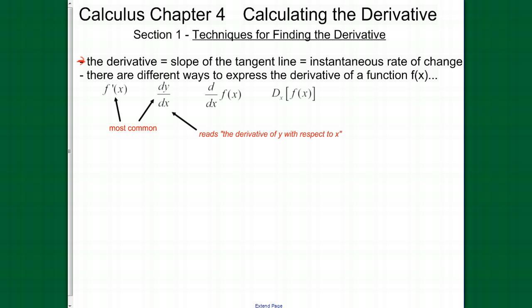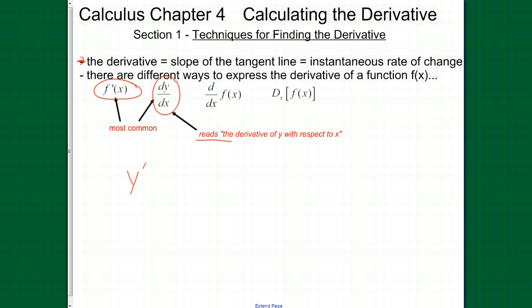But some notation. Okay, we've seen this. F prime of x, very, very common. You might even see y prime like this. You don't see that very often, but it exists. You will also see this quite a bit. This dy over dx. Like it says right here, how you read that is the derivative of function y with respect to x.